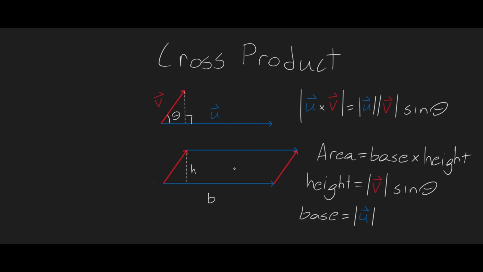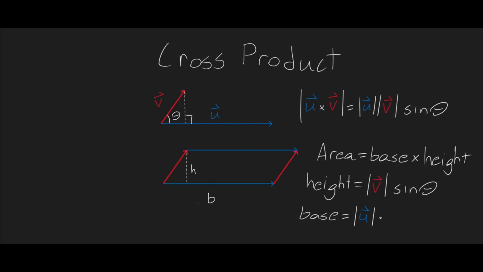The definition for the area of a parallelogram is A equals the base times the height. In this case, the magnitude of u would be the base, and the height would be the magnitude of v times sine of theta.